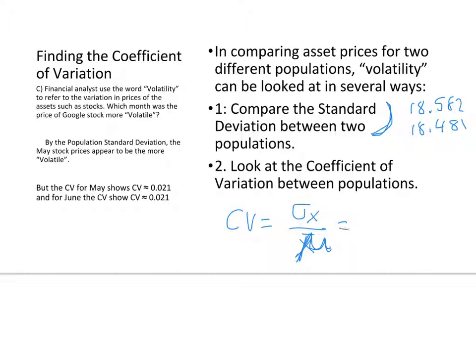And so for May, it was 18.582 divided by, let's see, what was it? 872 point something, right? In any event, when we do the calculations, we end up with a CV of 0.21 for practically both cases.